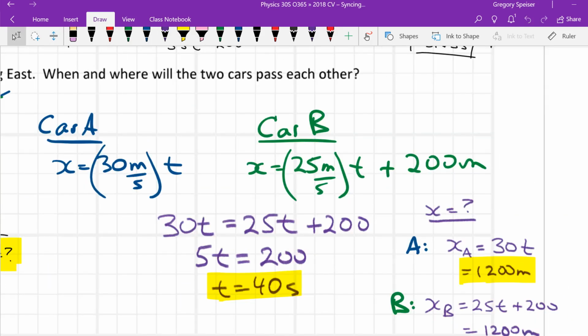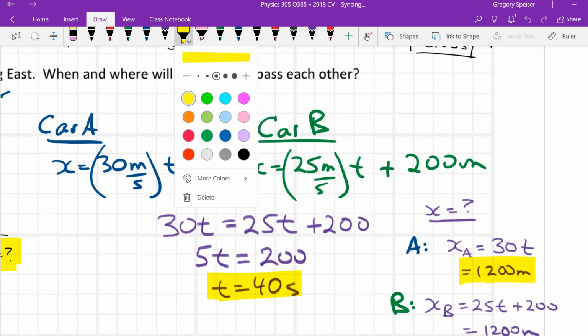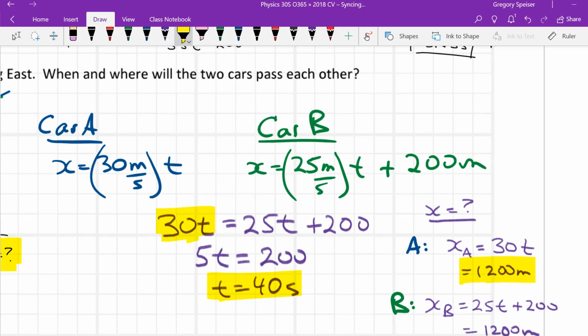Now when I look at the mathematical model, car A is 30 and car B, the only thing that's changed is now this is a positive 25 meters per second instead of negative. And you'll see how the math changes. This is the car A part, from over here, this entire section.